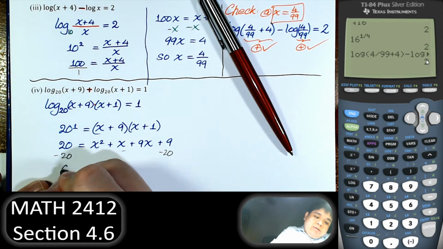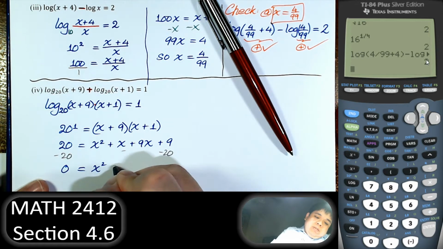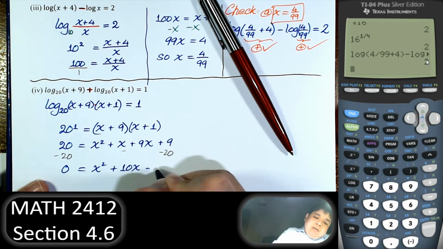So we have 0 equal to x squared plus 10x minus 11.